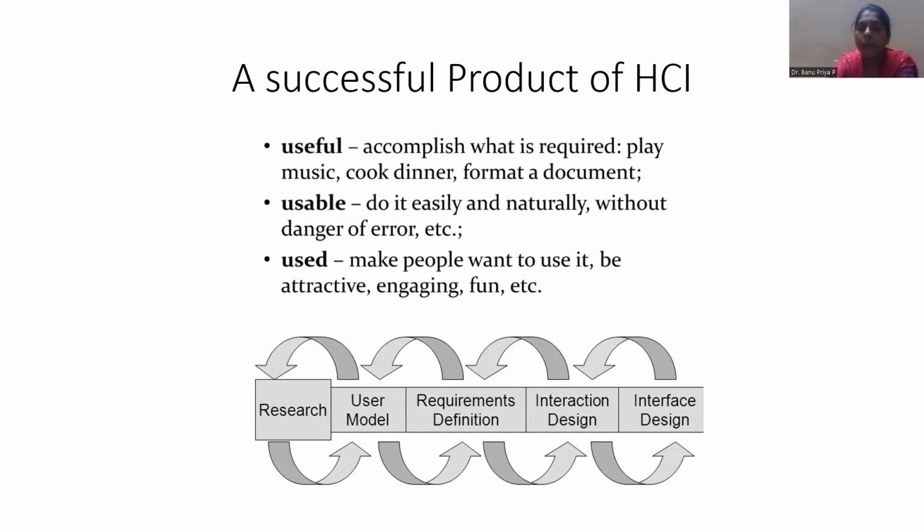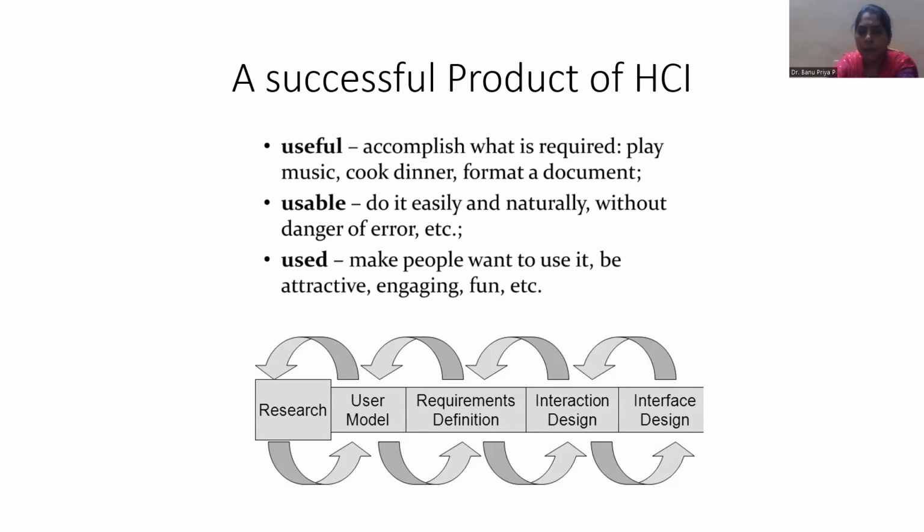If you look at a successful HCI product, the important factor is usefulness or usability: useful, usable, and used. What is useful? For example, you make a document with some useful characteristics. What is usable? Obviously, you make it without any error.